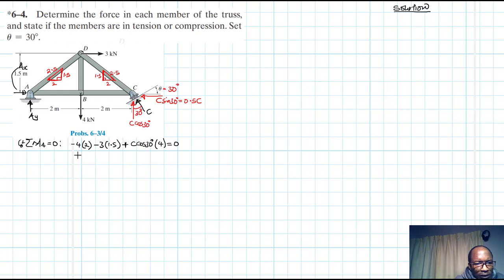Therefore C will be equal to minus 4 by 2 minus 3 by 1.5 divided by 4 cos 30, right? So this gives us 3.6084.